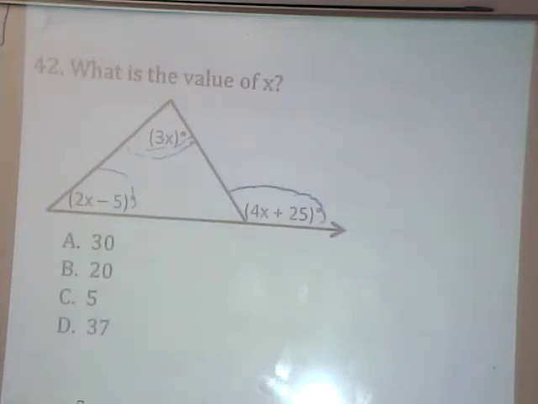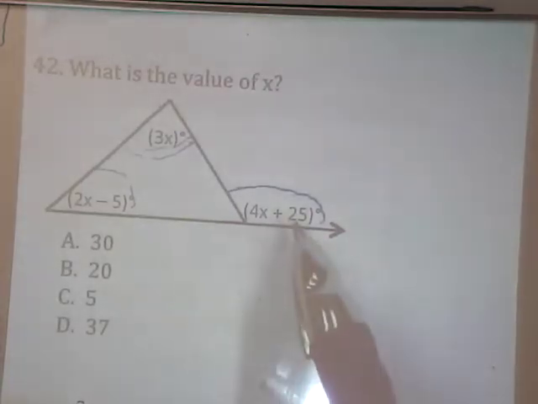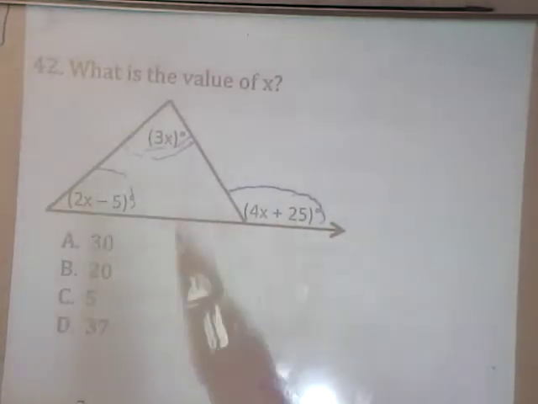So what do we know about these three angles? What kind of equation can we set up to solve this for x? 3x plus 2x minus 5 equals 4x plus 25. Yeah. The exterior angle is equal to the sum of the two opposite interior angles.